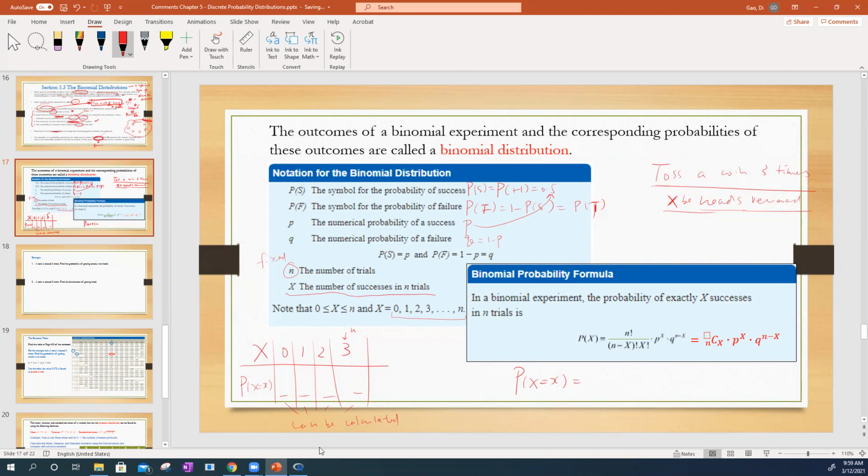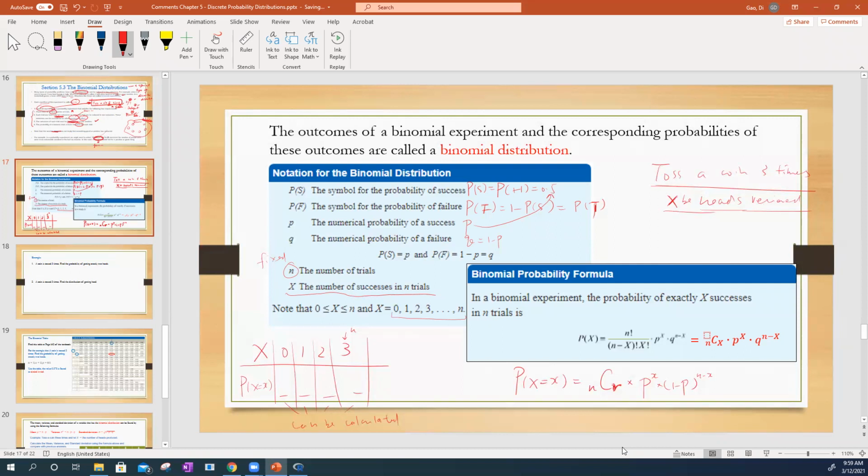So that is calculated by what? n choose r, that's the combination we learned from previous chapter. So n choose r times the little p to the power of x times 1 minus p to the power of n minus x. So that's how we calculate it.